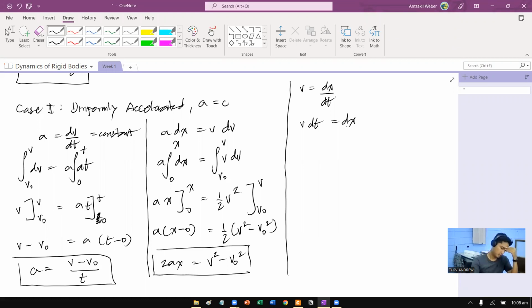What about a equals dv dt? This is the third one.